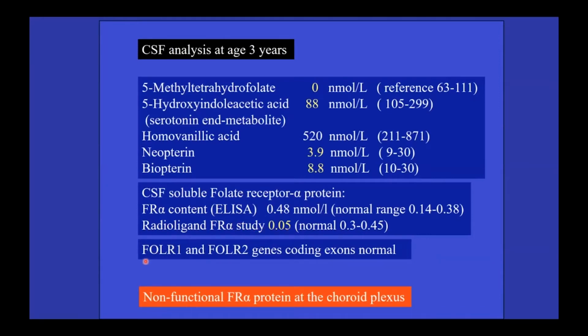So we then studied the genes, which were normal, and we concluded that there was a non-functional folate receptor alpha protein at the choroid plexus, explaining why this child couldn't transport folate from his blood to the spinal fluid compartment and hence to the neural tissue.